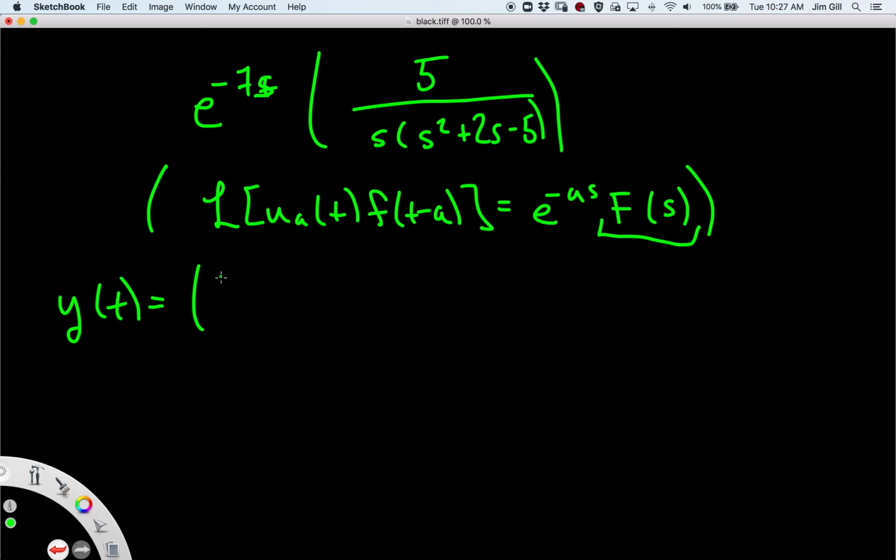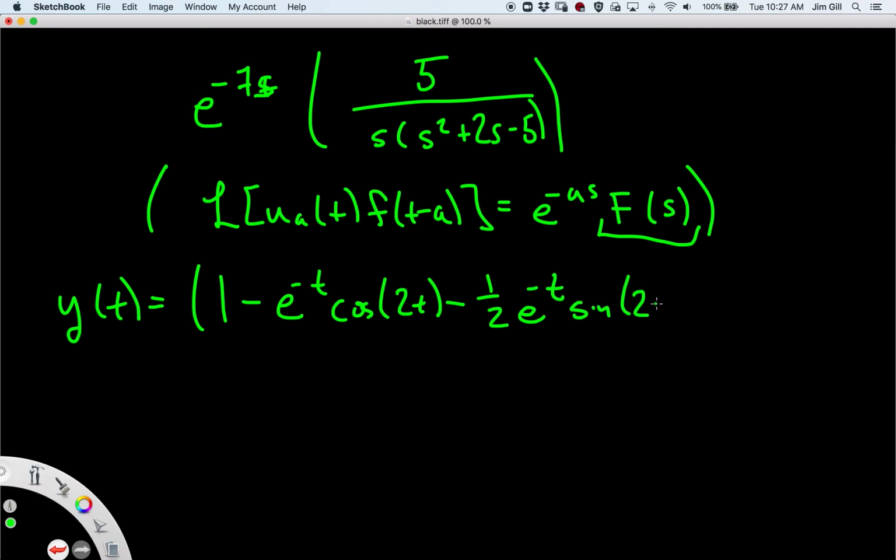We have what we had before. That's 1 minus e to the minus t cosine 2t minus 1/2 e to the minus t sine 2t, plus a time shift of this function.